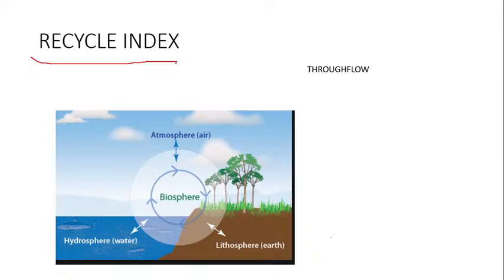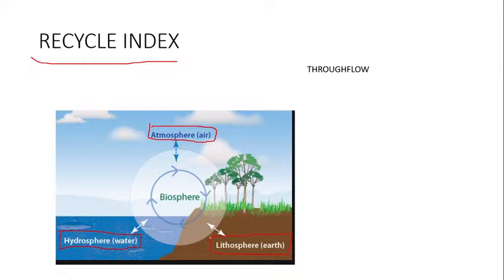It is a measure of relative amount of recycling in different ecosystems, and it is the ratio of amount of a material cycling between the compartments. The compartments are lithosphere, hydrosphere, atmosphere. Here you can see atmosphere, hydrosphere and lithosphere.